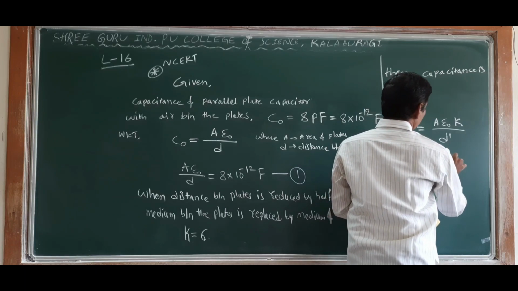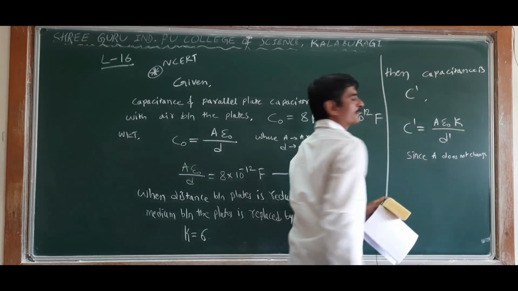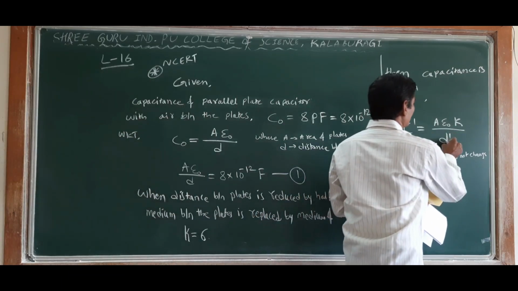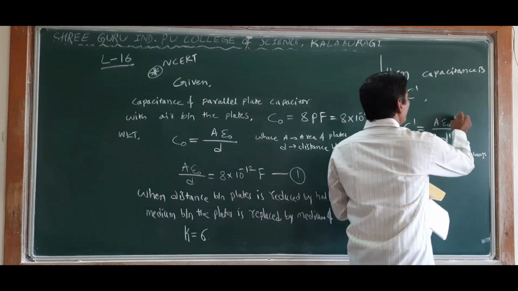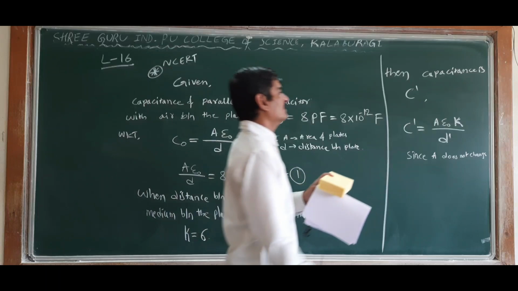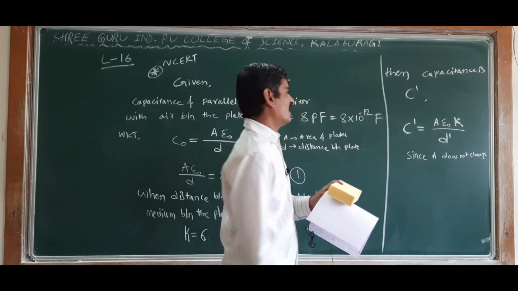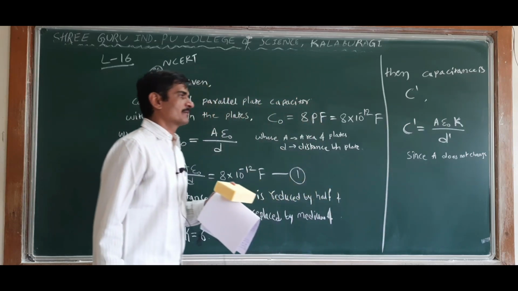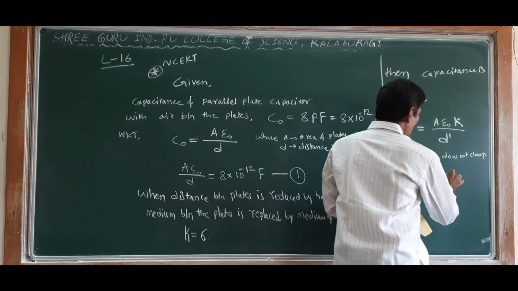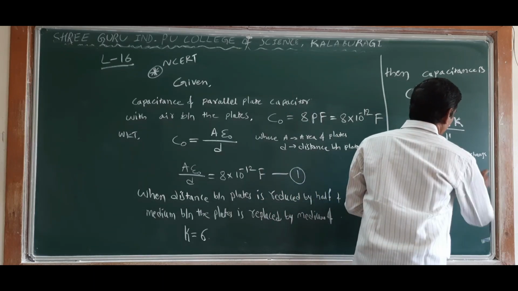Since A does not change, only the distance changes, so it is reduced to half, that's why I have written D dash, and the medium is replaced by a dielectric medium of dielectric constant K. So hence the capacitance C dash is equal to K A epsilon naught divided by D dash. Now D dash is equal to D divided by 2 and K is equal to 6.